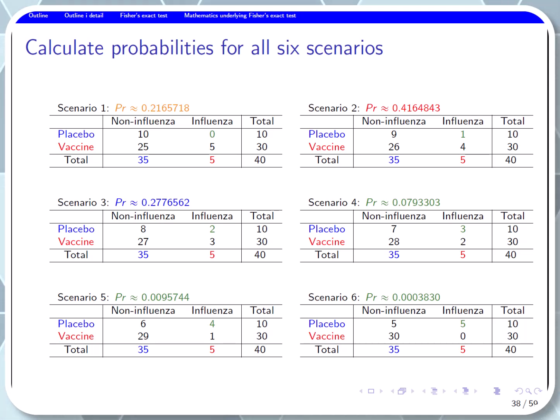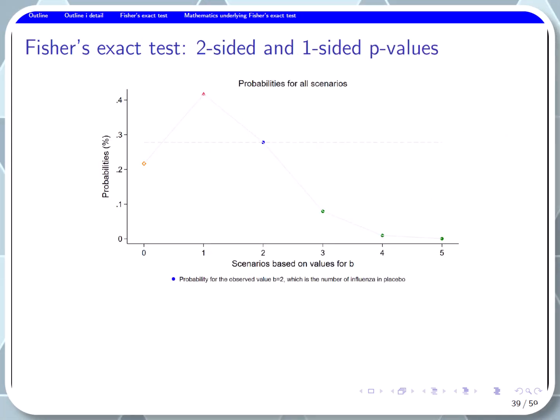We can plot these 6 probabilities into a graph. The blue circle is the probability for the observed scenario. The red triangle is the probability larger than the probability of the observed scenario.